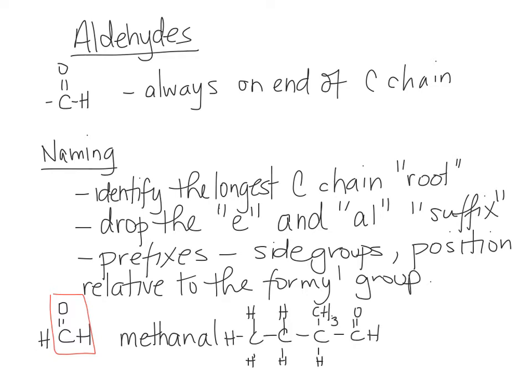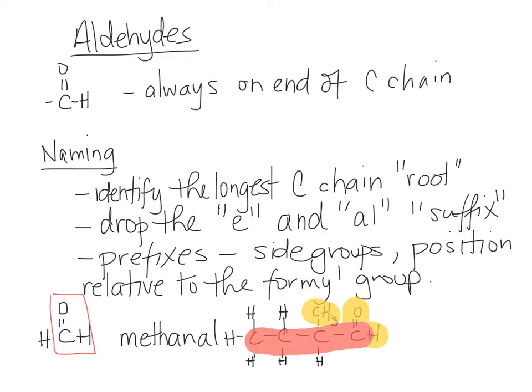Now for this compound, we've got to identify the functional group. Here's our formyl group, so it's an aldehyde, and we also have a side group that's a methyl. So our longest carbon chain here is 4 because you include the formyl group carbon.